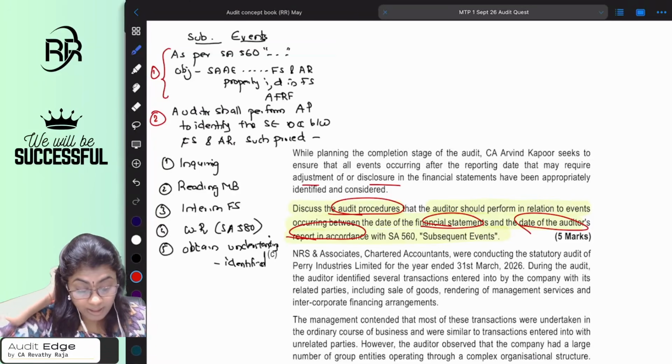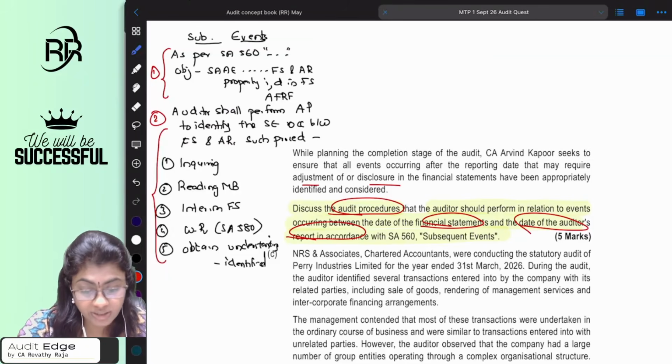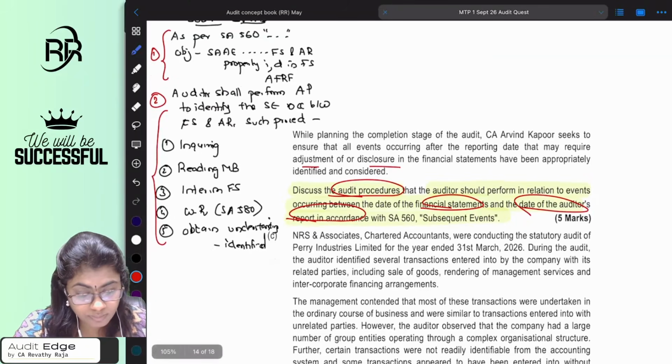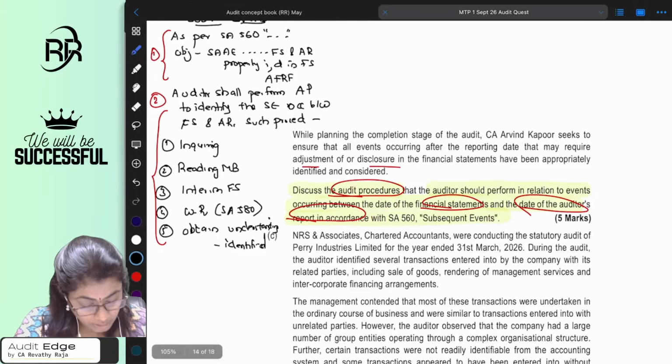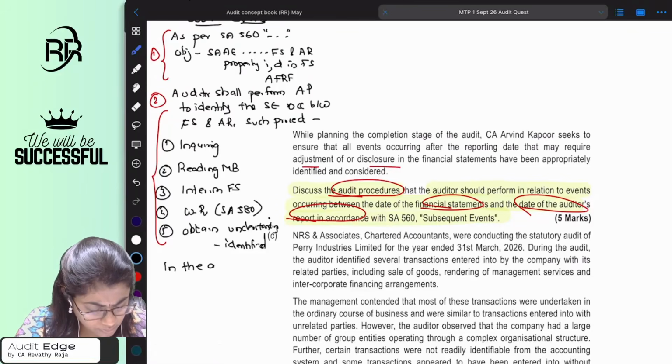So this should be the elaborate part. Second. Third part. In the given case, you can write and conclude.